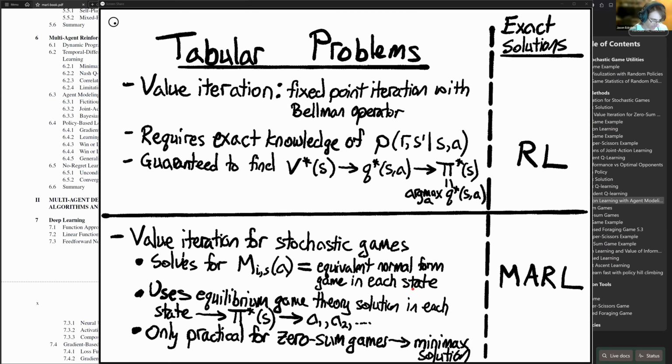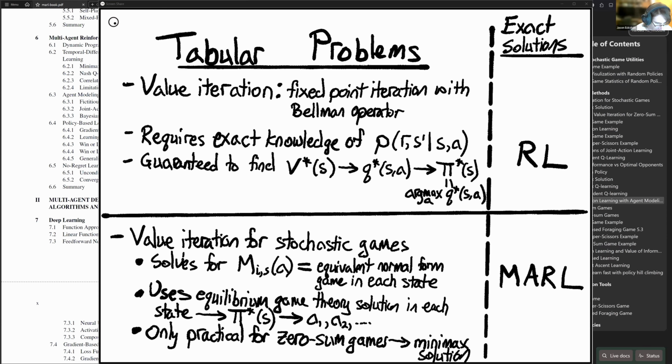And once we have that, we can use a game theory solution like we had talked about, either a Nash equilibrium solution or the minimax solution, which is what we had looked at more closely, because the minimax solution only applies to zero-sum games, which are always 2-player games.